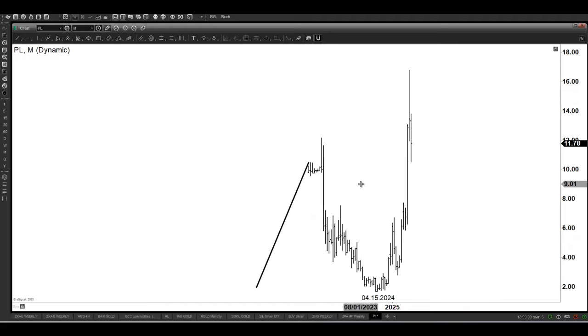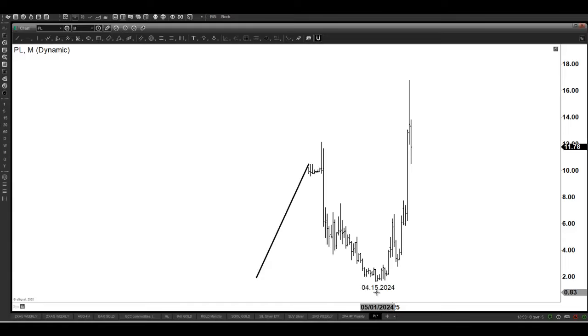So platinum from here up to here is 3 waves: 1, 2, and 3. From here, the all-time lows up to here, how many waves do you guys think? Everyone should see there.